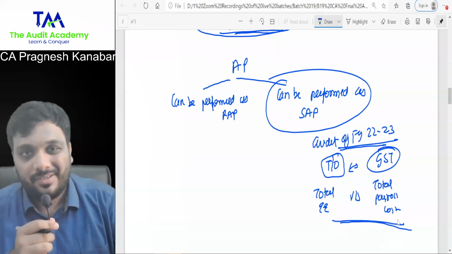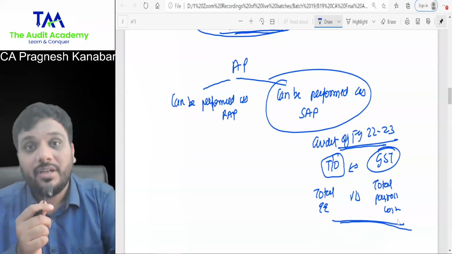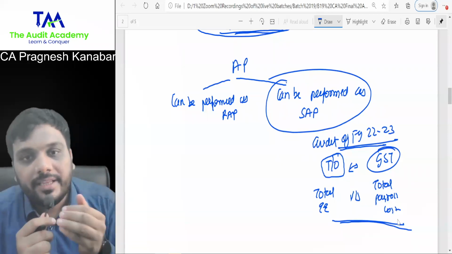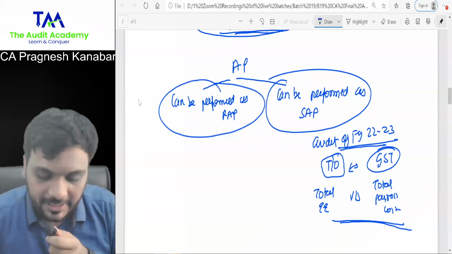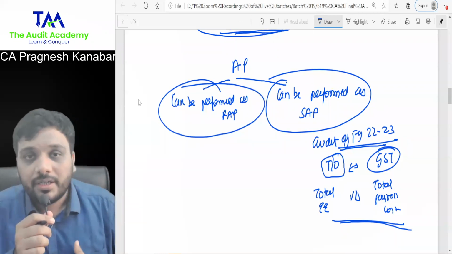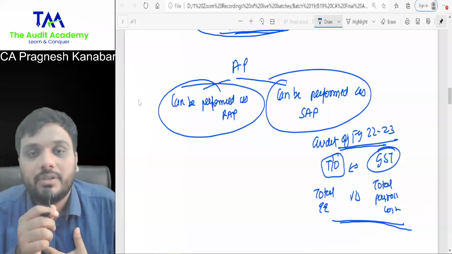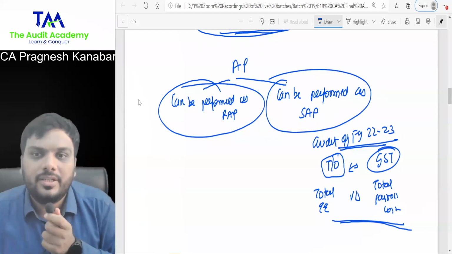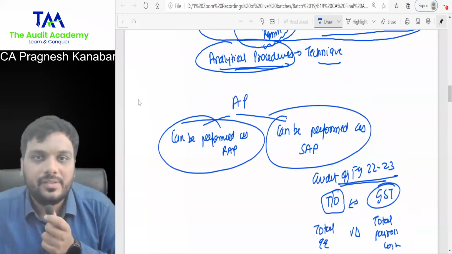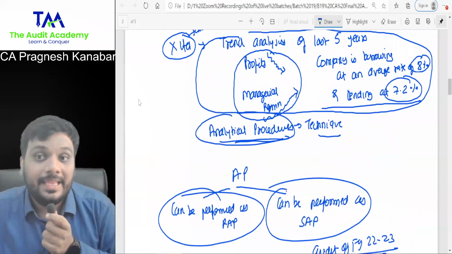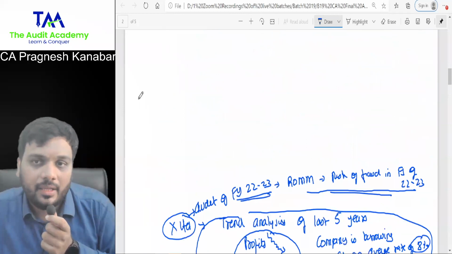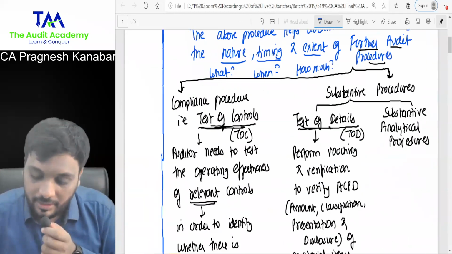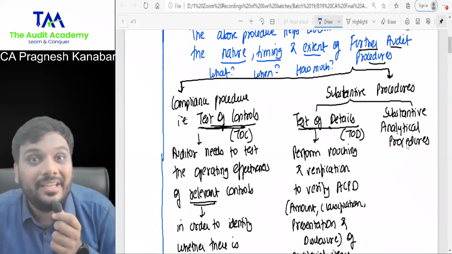Now, congratulations. You have understood how we use analytical procedure at the testing and completion stages of audit. So analytical procedures can be performed as a risk assessment procedure at the beginning of audit to find out risk of material misstatement, and it can also be used along with the test of details and at the completion stages of audit. That is why, when I wrote analytical procedures over here, I did not write just analytical procedures.